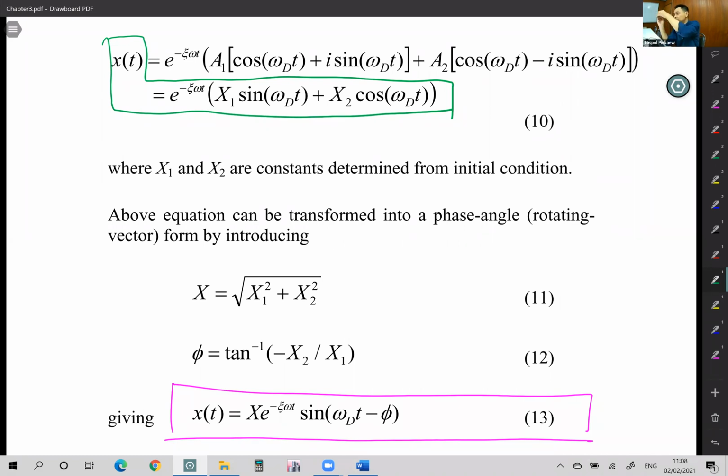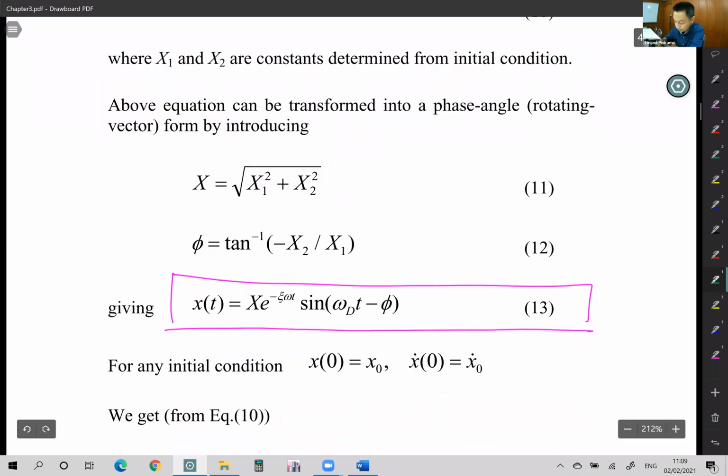If I put it like this and release, it moves like this. The initial condition of 1 meter for the displacement and 0 for the velocity at time t equal to 0 are the two conditions that we use to determine X1 and X2, or the big X and phi, in equation number 10 and number 13 respectively. Okay?